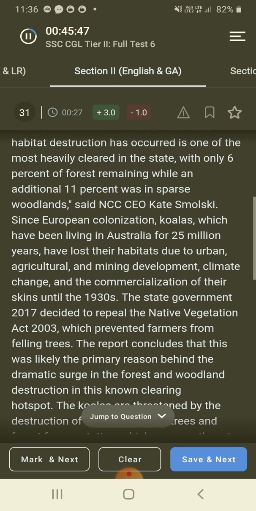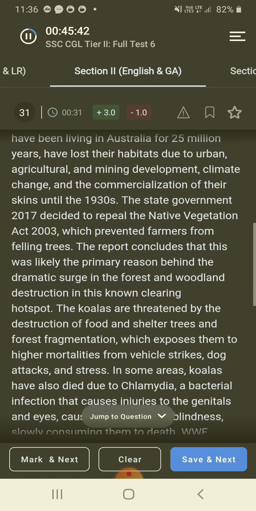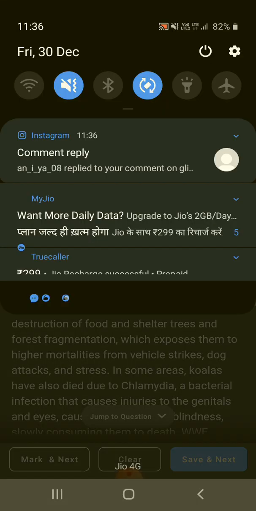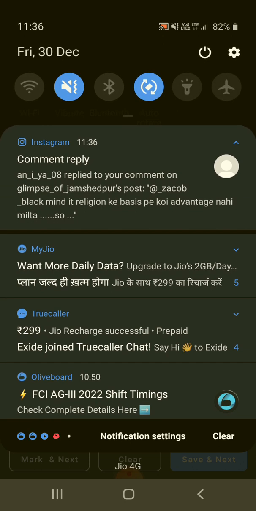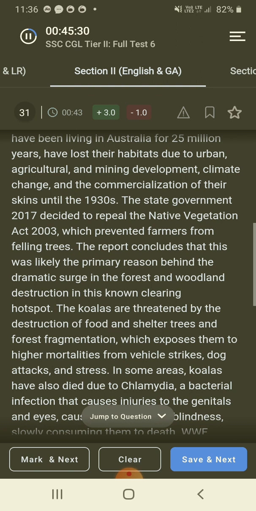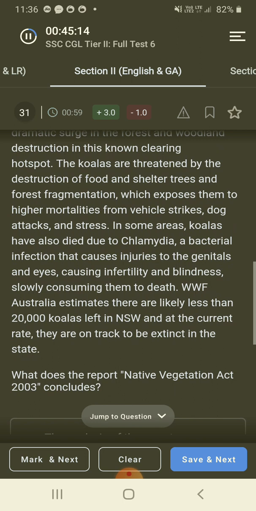The state government decided to repeal the Native Vegetation Act 2003, which prevented farmers from felling trees. The report concludes that this was likely the primary reason behind the dramatic surge in the forest and woodland destruction in this clearing hotspot.